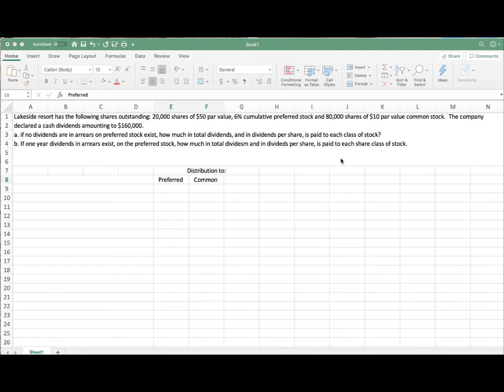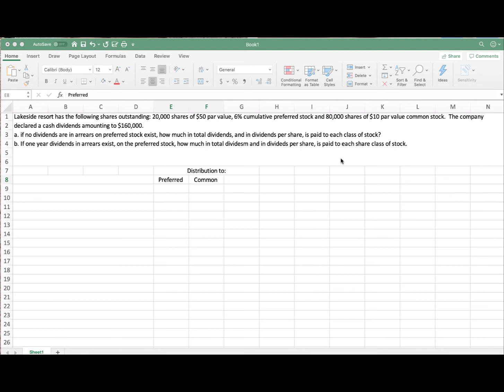They tell us that the board of directors declares a cash dividend amounting to $160,000. What we need to do is determine the total dividends that need to be distributed, as well as the per share dividend for each share.